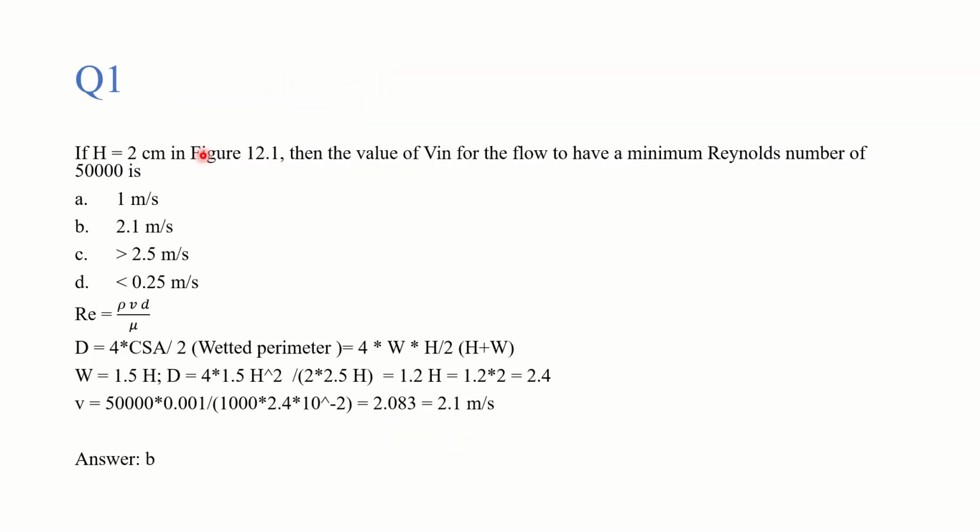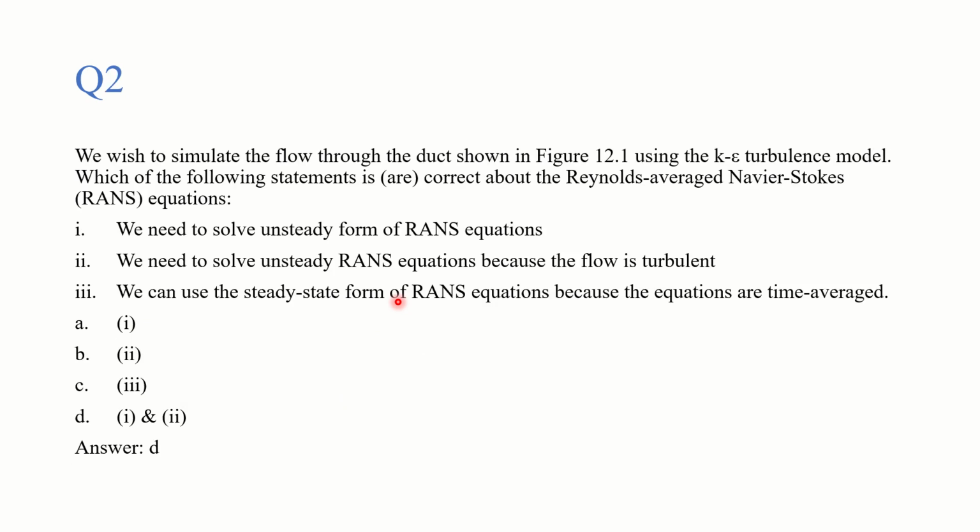Here is a problem to calculate the velocity inlet for the flow to have a minimum Reynolds number. It is given by rho V d by mu. Since it is a rectangular duct, we calculate the equivalent diameter, and by doing so we get the velocity to be 2.1 meter per second. Since this is about Reynolds averaged Navier-Stokes equations, we are solving the unsteady form of the RANS equations because the flow is turbulent.